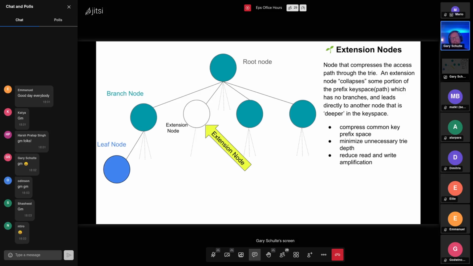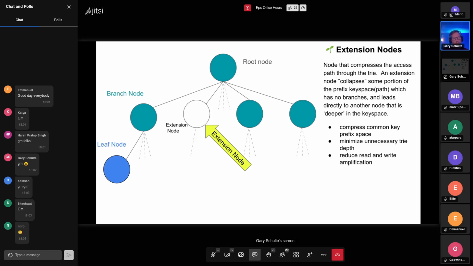Okay, that said, back to extension nodes. These nodes, as I said, compress the access through the tree. They collapse some portion of the prefix that doesn't have any branches. They minimize the tree depth. They keep the tree as succinct and as shallow as possible, and effectively reduce the read and write amplification.